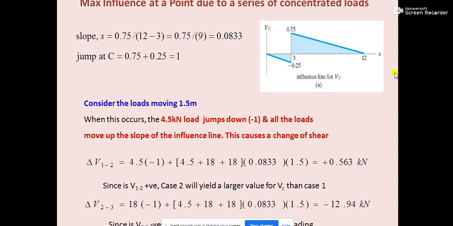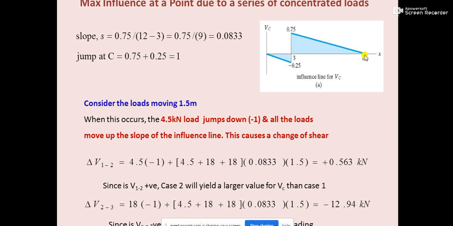Once you have found out the influence line diagram, you observe that the influence line positive ordinate is 0.75 and the influence line negative ordinate is minus 0.25. So what will be the slope? You observe the slope of this influence line.